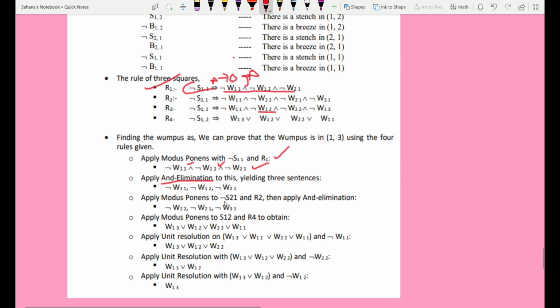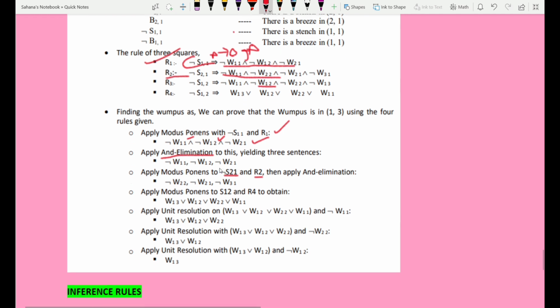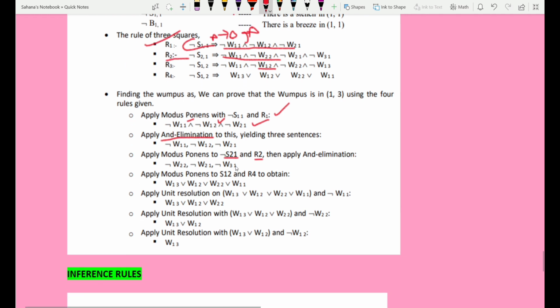Again we will apply modus ponens to negation S12 and R2. For this, again only this part we will get: negation W22, and like this. Again we will do AND elimination, we will remove the AND. Simply we will get negation W22, negation W21, negation W31.